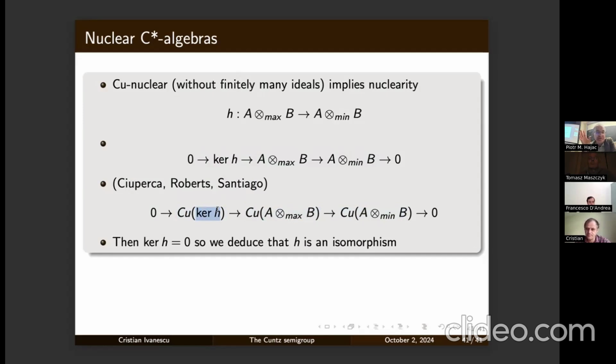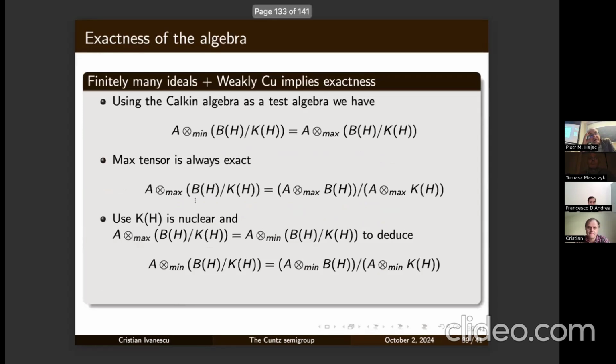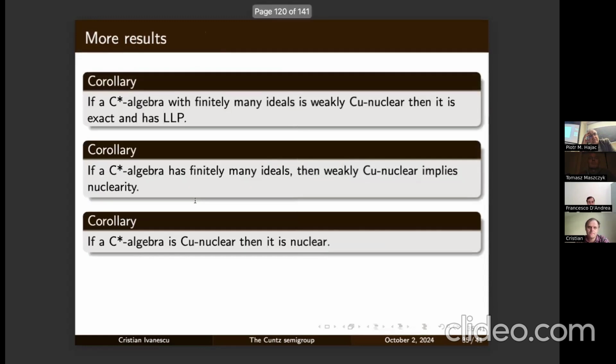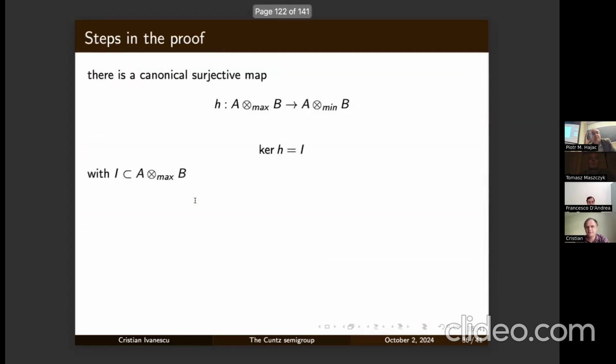No, actually, this part of your reasoning was crystal clear to me. I meant some earlier slides where you were using this weak Q-nuclearity. I'm kind of confused about it. So what happens is there is a counting of the ideals. The first observation is that if I have an ideal in the minimal tensor product, this lifts to an ideal in the maximal tensor product, because I have a surjective map.